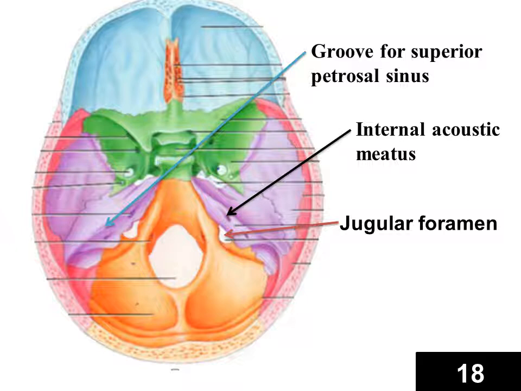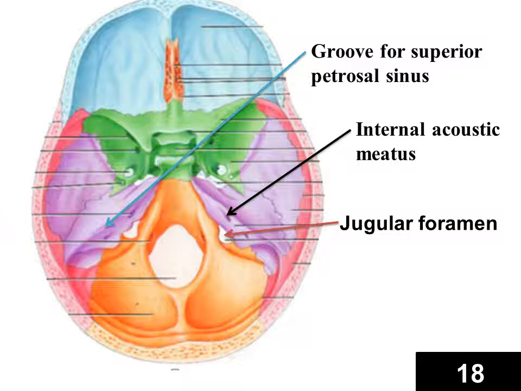So about the center of the posterior surface of Petrous there is a foramen نسميها internal acoustic meatus which transmits the facial nerve العصب الدماغي السابع nervus intermedius العصب الوسطي vestibulocochlear nerve العصب الثامن and labyrinthine artery.